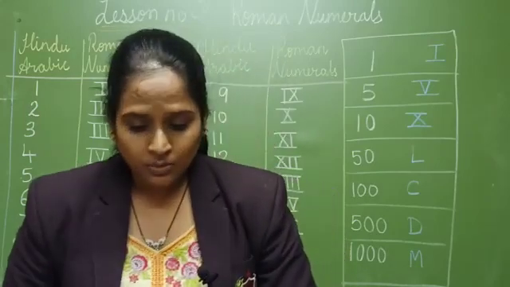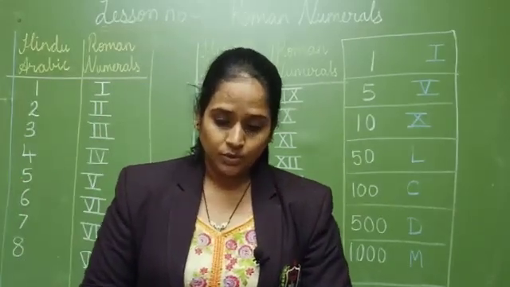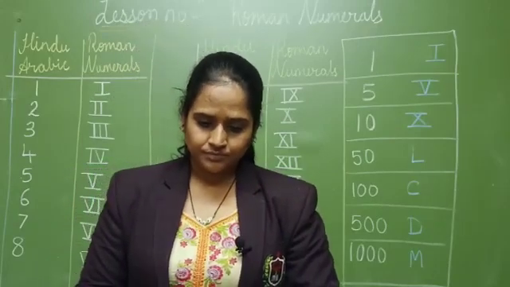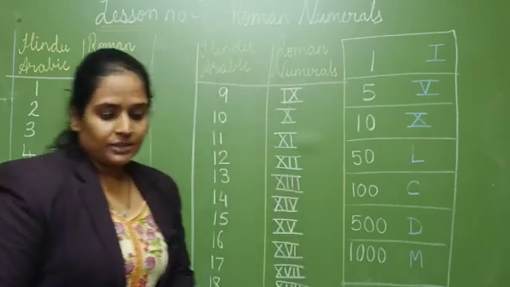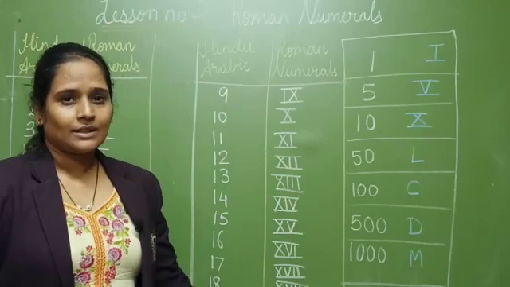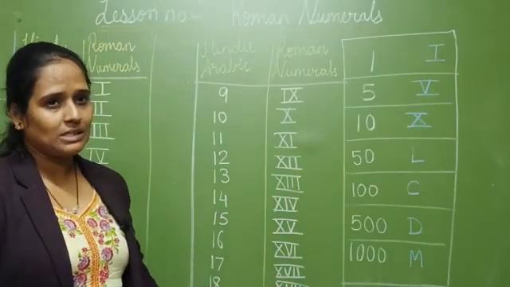A smaller numeral written to the right of a larger numeral is always added to the larger number. That means the bigger number will come in front, like 5 plus 1 plus 1, that will be 8. So the bigger number is always written first.